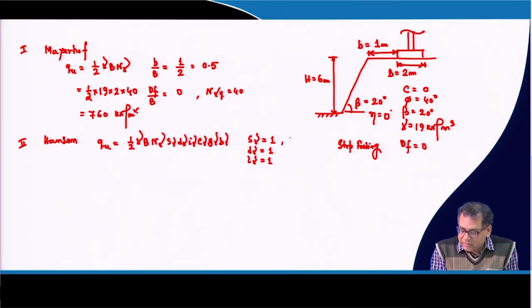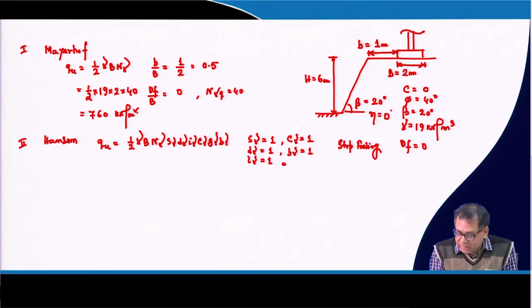Then C gamma, compressibility, those values are not available, so we assume it is the rigid one; even the phi is 40 degree, so definitely it will be general shear failure. So C gamma will be 1, then it is not a tilting base, so B gamma will also be 1.